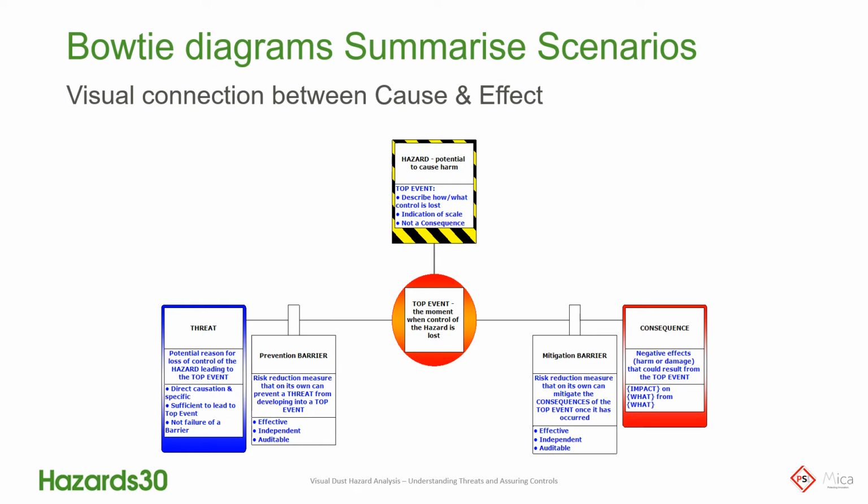The flip side, when we've lost control, before we get to the consequences, there may be mitigation measures or barriers that can recover or mitigate those effects. And bow ties are becoming an increasingly popular and powerful technique to assess and communicate process hazards.